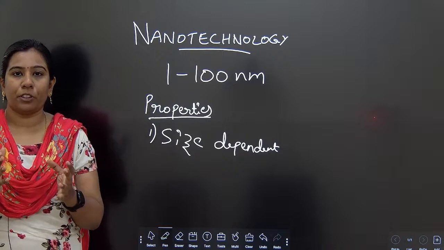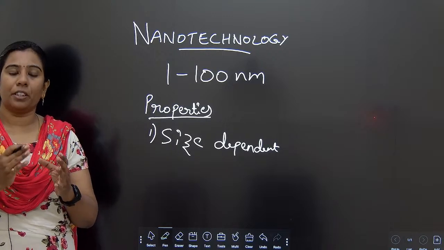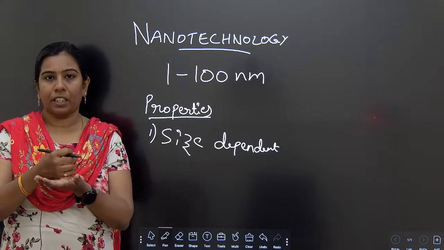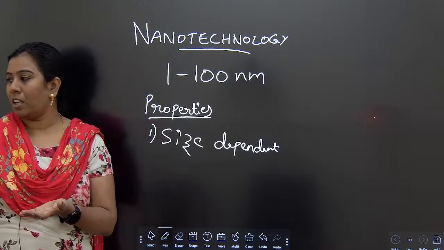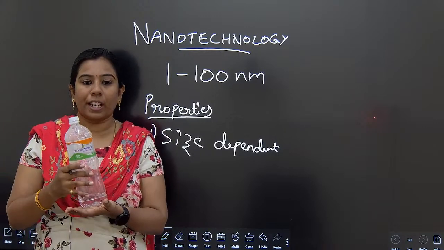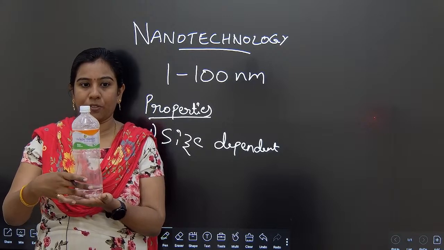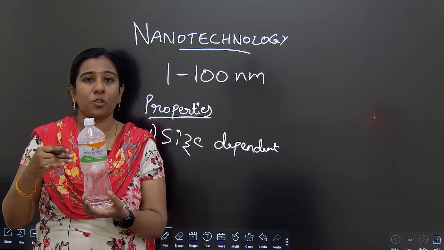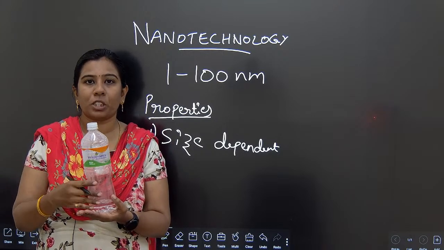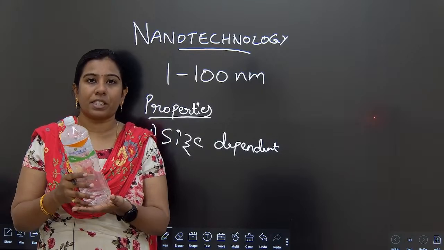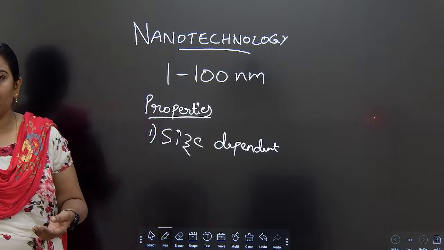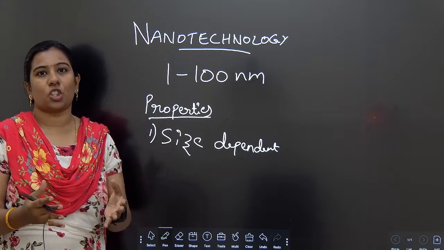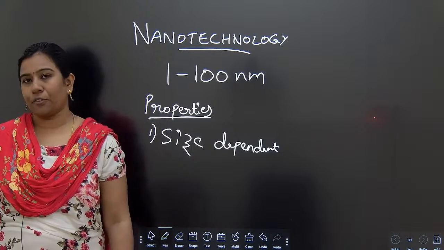So for example, if you take a ball, or this bottle, and measure the surface area, it is less when compared to when you cut the bottle into small nanoparticles and measure the surface area. Then the surface area will be large, right? In the same way, nanoparticle surface area is large compared to its original surface area.